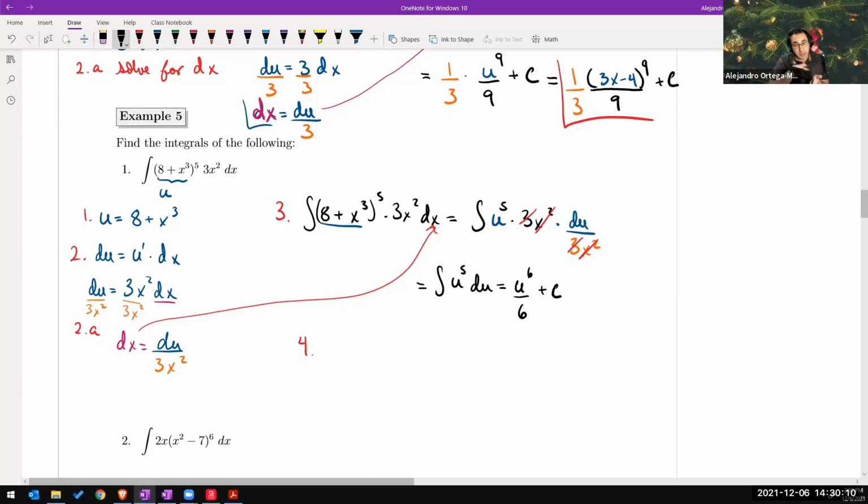And just basically go back to the original variable. So we're going to have the u, which was 8 plus x cubed, raised to the 6th power all over 6 plus c. And this is basically our last and final step.